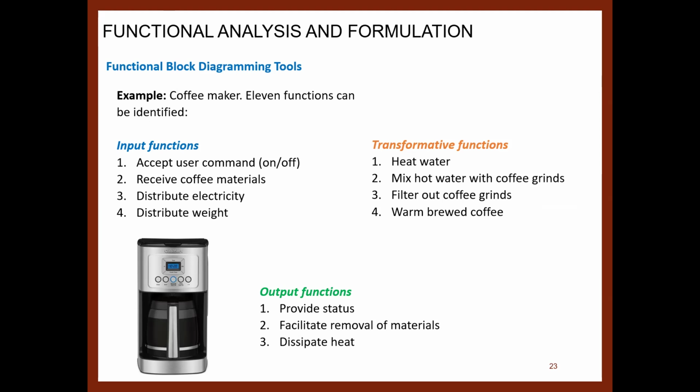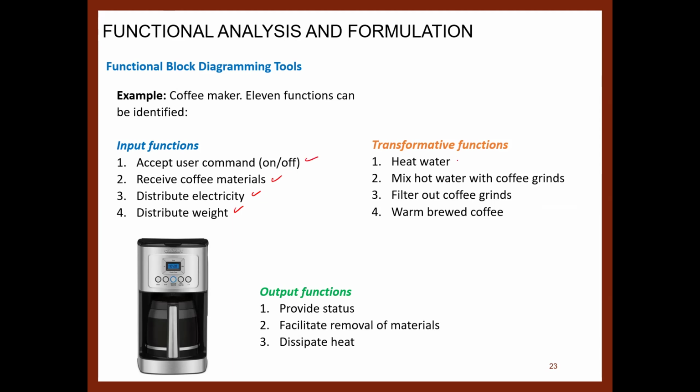Again, functions are not telling you what technology you're using. It's just telling you the action. So for example, accept user command, receive coffee materials, distribute electricity, and distribute weight. These are all input functions.